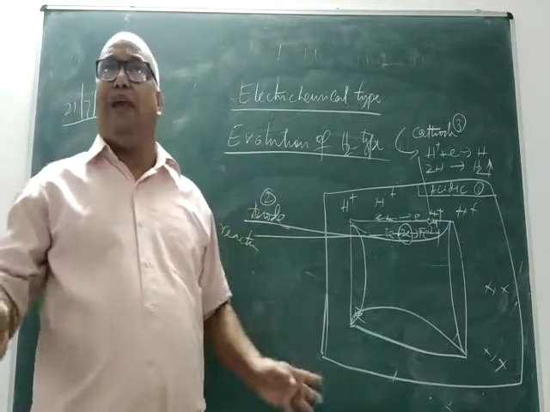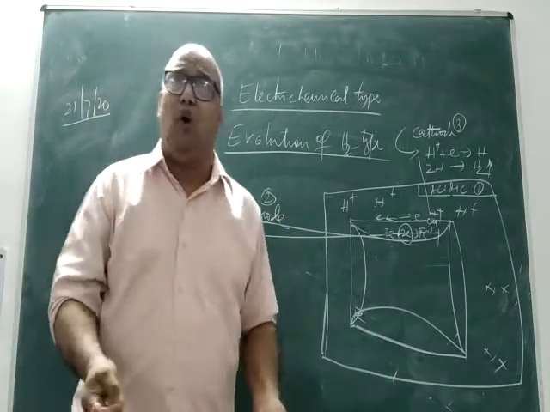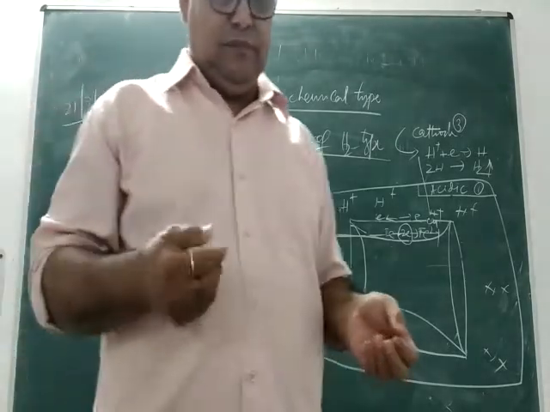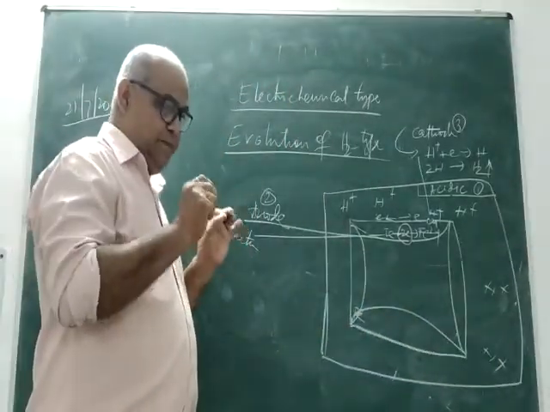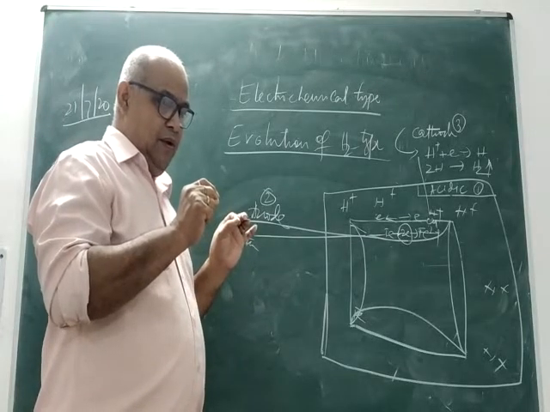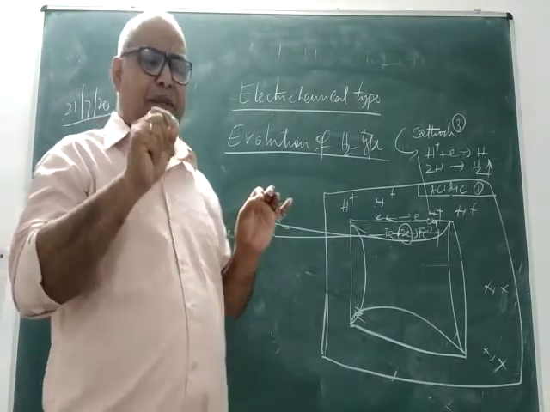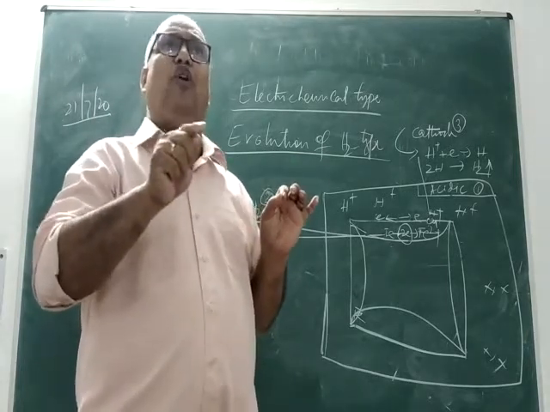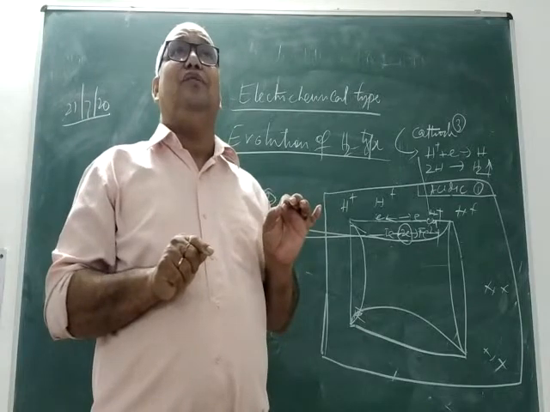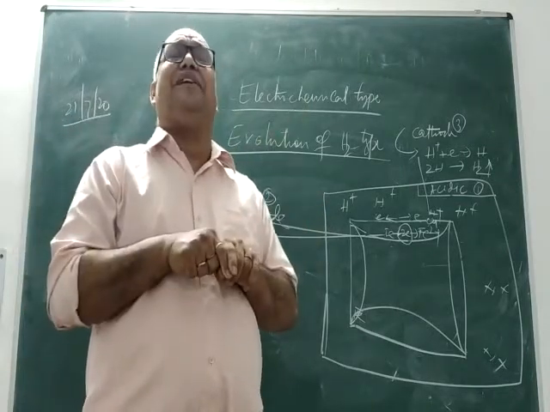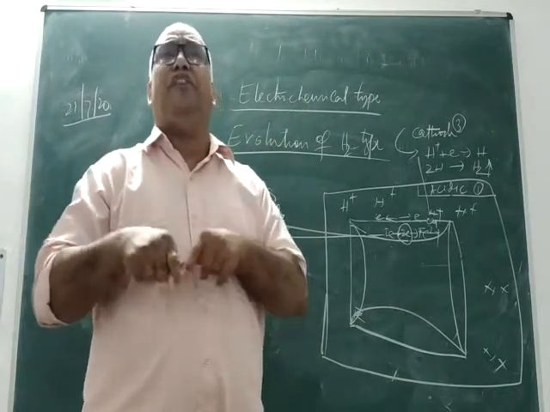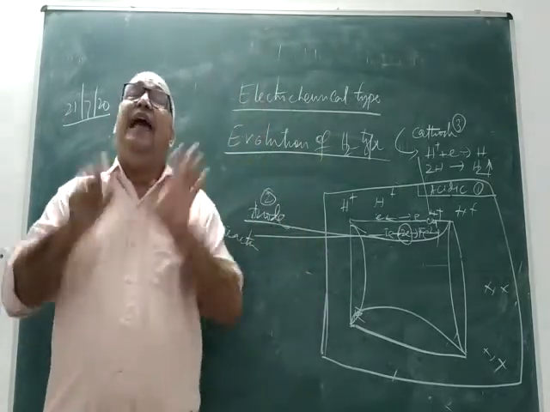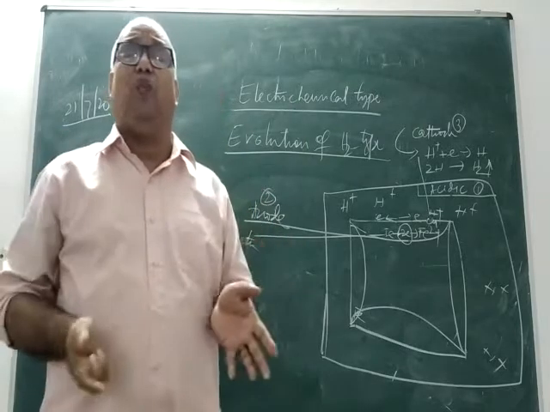Those points are: number 1, anodic area is very large, cathodic area is very small. And number 2 was, cathodic area becomes the point where a proton will come in touch with the electron or the impurity. If there are 10 different places on the metallic surface where a proton is meeting an electron or impurities are there, there will be 10 cathodic areas, and therefore there may be more than 1 cathodic area.